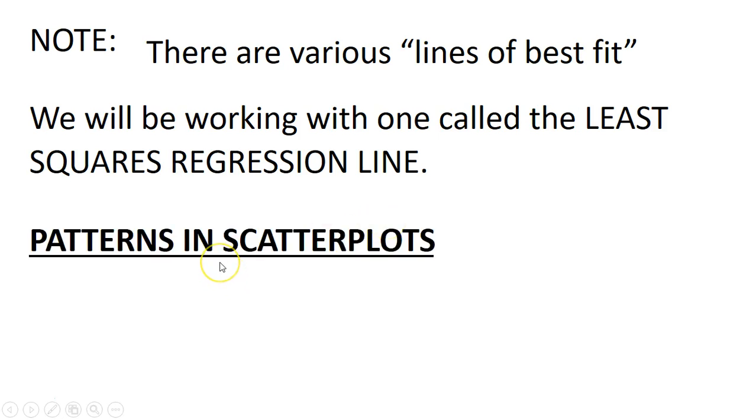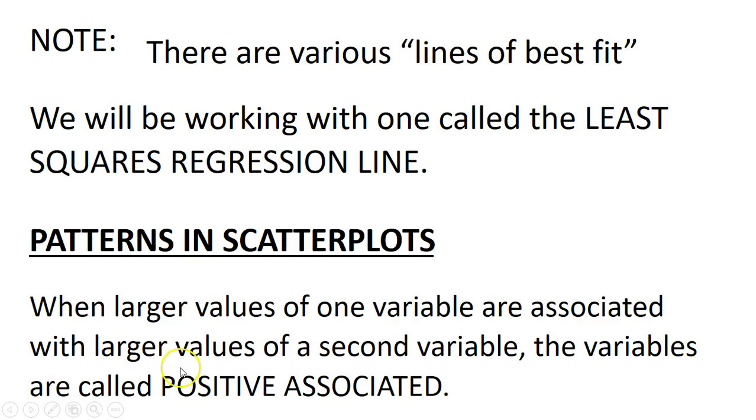So there are patterns in your scatter plots, right? When larger values of one variable are associated with larger values of a second variable, the variables are called positively associated. Basically, if I have a positive x and a positive y, followed by another positive x and an even higher positive y, and another positive x way out here, another positive y, it's a positive relationship, right?